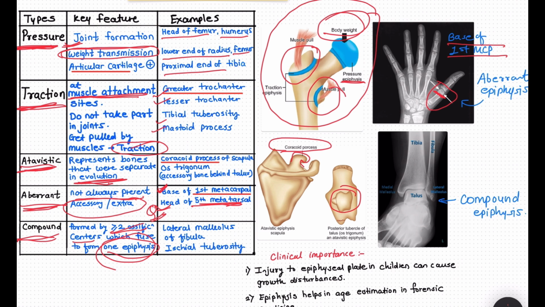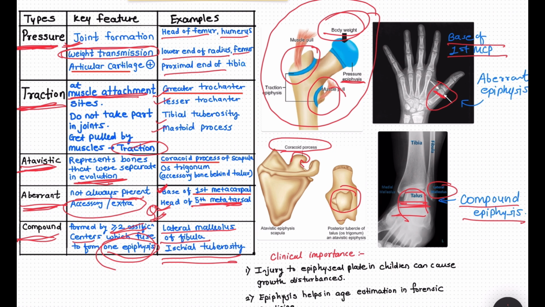But when more than two ossification centers come and fuse together to form one epiphysis, it is called compound epiphysis. Examples are the lateral malleolus and ischial tuberosity. You can see here, this is the talus, and this is the lateral malleolus of the fibula, which forms a compound epiphysis. This is an example of compound epiphysis. Then ischial tuberosity is also an example of compound epiphysis.